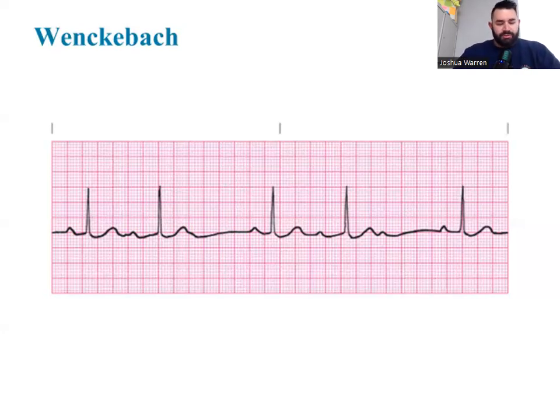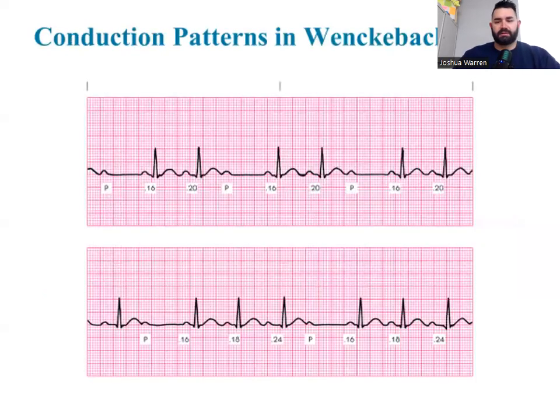I got more pictures. I know y'all need them. Let's take a look. So here's your P wave with longer, longer, drop again. There's your P wave, longer, longer, drop again.